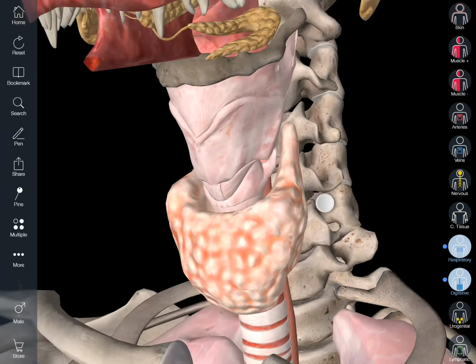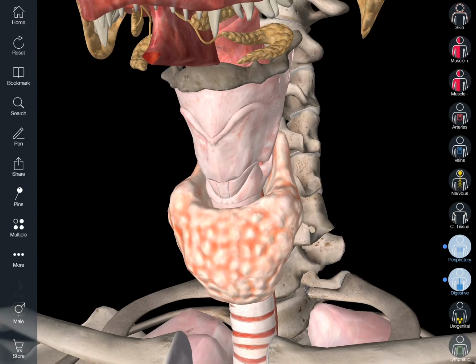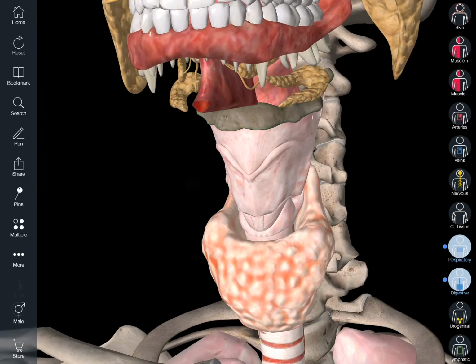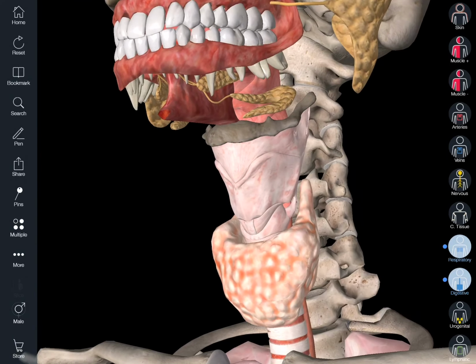Now, this is the hyoid bone. Of course, it has got the body, lesser horn and greater horn.